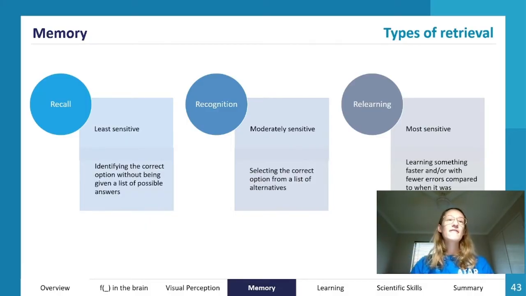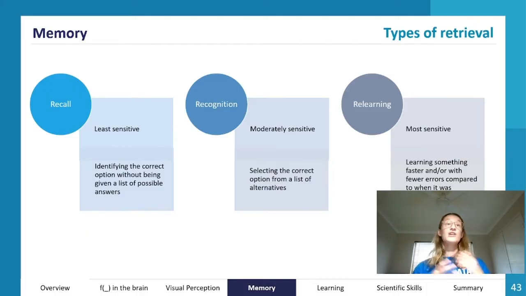All right, so we have 3 different types of retrieval: recall, recognition, and relearning. Our types of retrieval have a measure of sensitivity to them, which means that if a type of retrieval is more sensitive, the person can register the memory even if only a small part of the memory remains, whereas the less sensitive measures require a larger amount of the memory to remain in order to remember it.